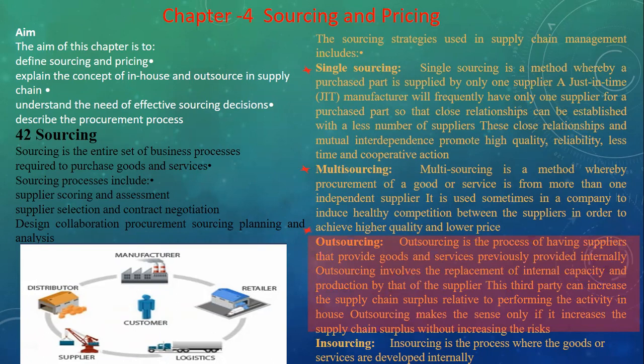Outsourcing is the replacement of internal capacity and production. This third party increases the supply chain surplus by performing the activity. Outsourcing makes sense only if it increases the supply chain surplus without increasing the risk, because there is no need to arrange the supply chain management. The outsourcing company will provide the supply chain and give us time to focus on our main activities.